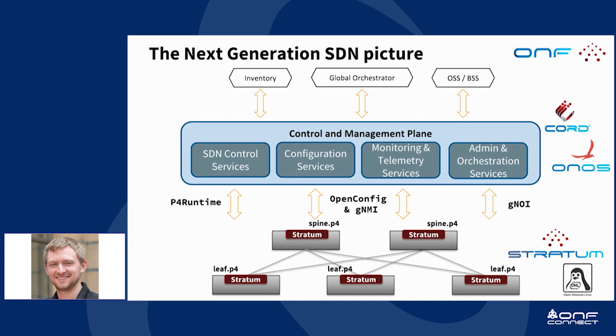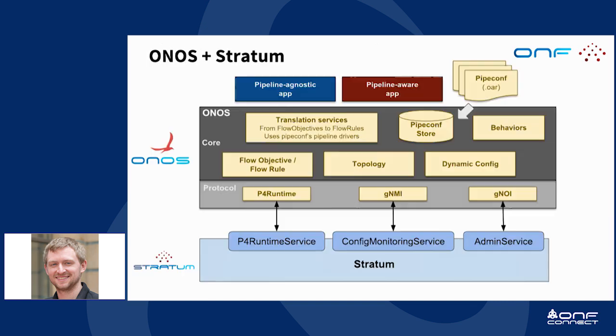And there'll be a talk, I think, on Thursday about how ONOS is looking to evolve towards filling some of this gap. But ultimately, with Stratum, the thing to take away is different profiles for different devices, multi-vendor, multi-chip hardware, and a common set of interfaces that enable control and management operations to occur.